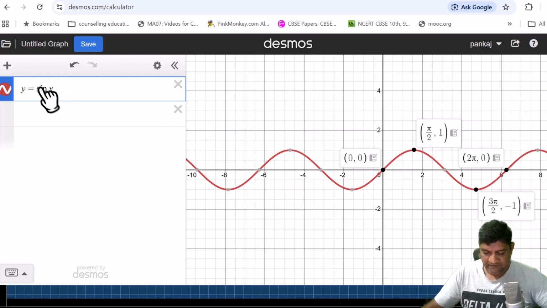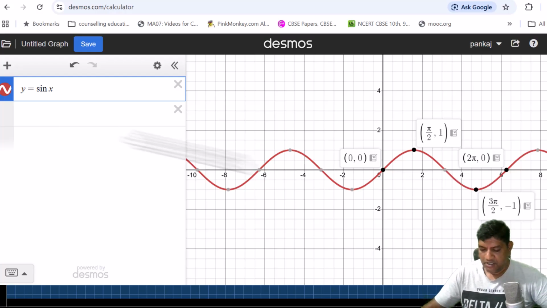Also please note that the amplitude of this function is 1, which basically is the highest point it can reach. In a way, you can think about amplitude as the highest point it can reach from the axis of the sine curve. And for this particular sine curve, the axis is the x-axis, the principal axis, let's say.